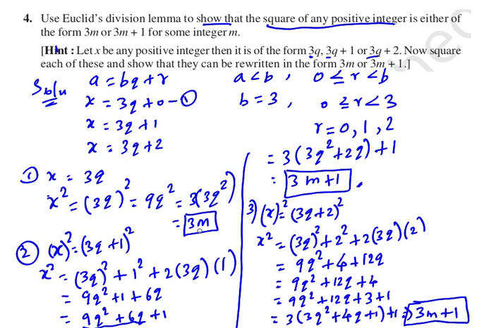So in all three cases, either 3m or 3m plus 1. These two formats we have arrived at. So by using Euclid's division lemma, we have shown that the square of any positive integer is either of the form 3m or 3m plus 1.